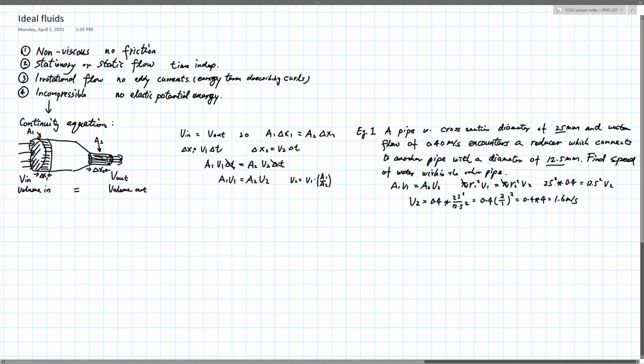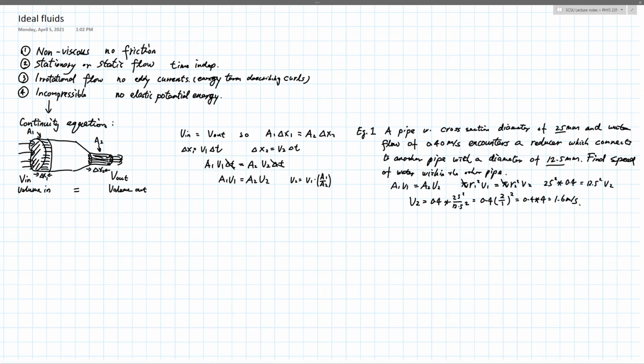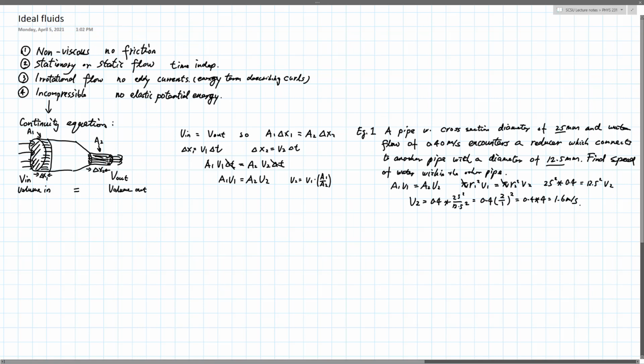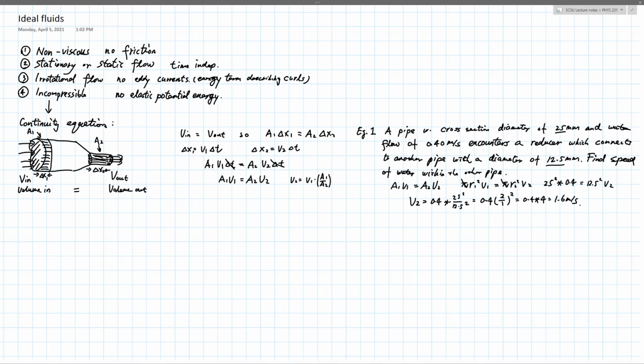All right. So I can easily add another element to this question. For example, if water flows down a horizontal pipe at 0.4 meters per second with that diameter, and it flows into a reducer where it comes out with a different diameter pipe, and that pipe is horizontal, propped up against a table, where does the water jet hit on the floor?